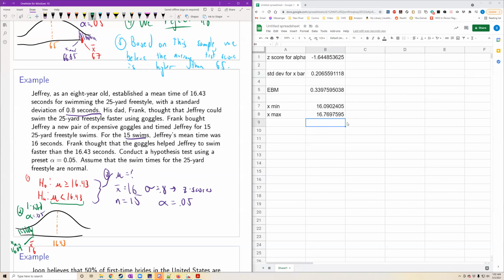Our 16 is just a little bit less than that.